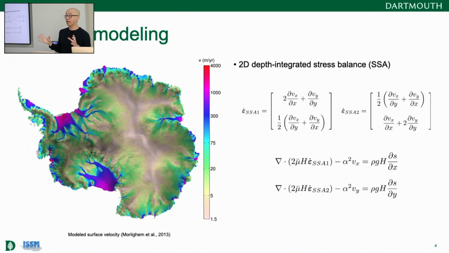If you scale the Antarctic ice sheet, it's just like one piece of A4 paper. So to simplify the problem, we can ignore the vertical variations and just simulate the horizontal variation. That comes to this two-dimensional depth-integrated model of ice, and then we solve for the velocity field of the ice.